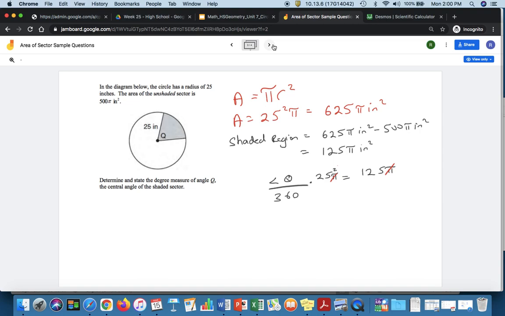So first let's set it up. I have 25 squared, that's equal to 625 over 360, and I have my angle Q here equals 125. And what I'm going to do is multiply by the reciprocal to isolate Q, or 360 over 625.